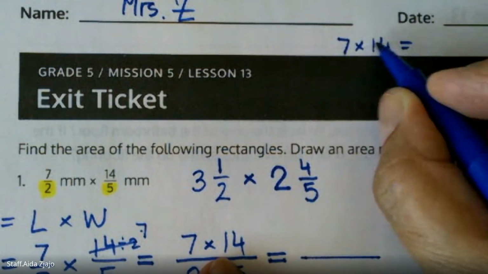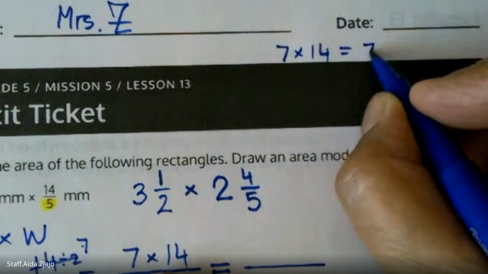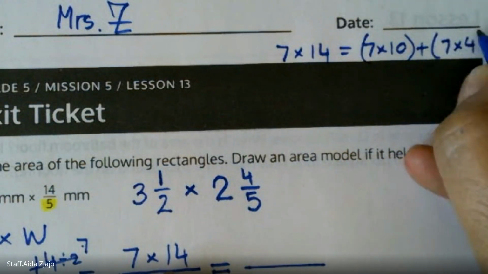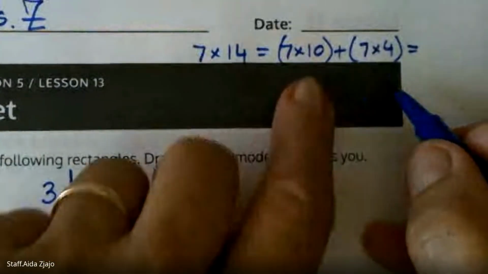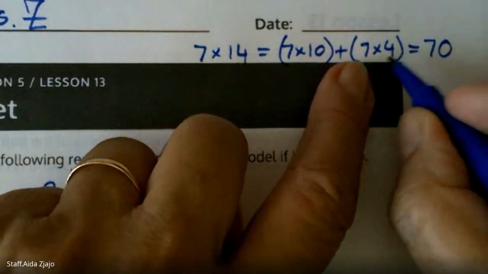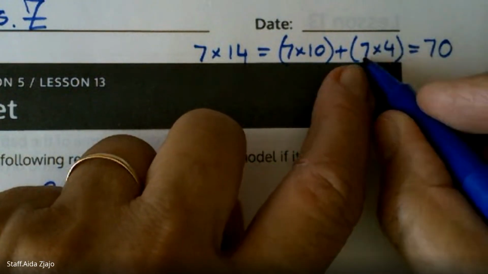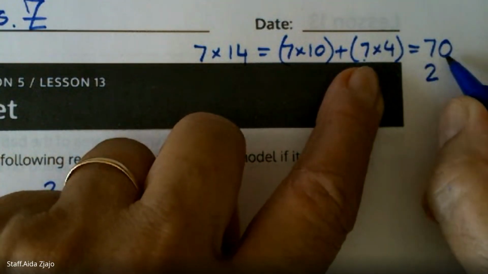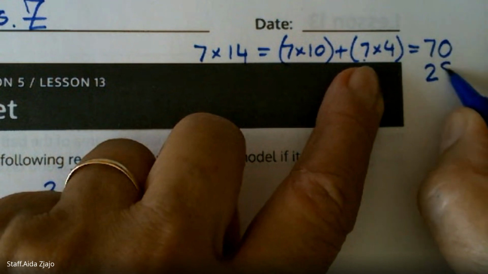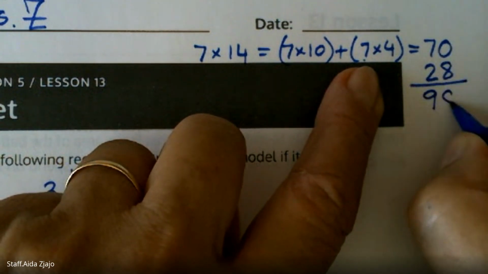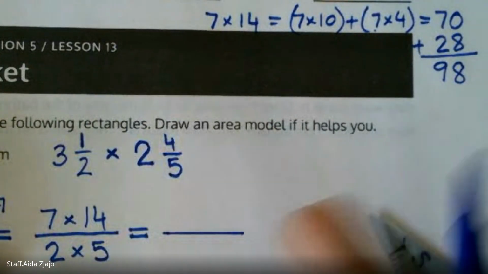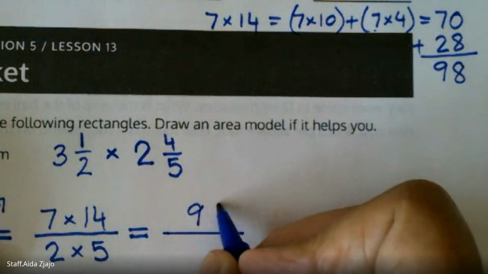I could do 7 times 10 plus 7 times 4. So 7 times 10 is 70. 7 times 4: 4 times 5 is 20, 4 times 2 is 8, so 4 times 7 is 28. Together it is 98. So 7 times 14 is 98.